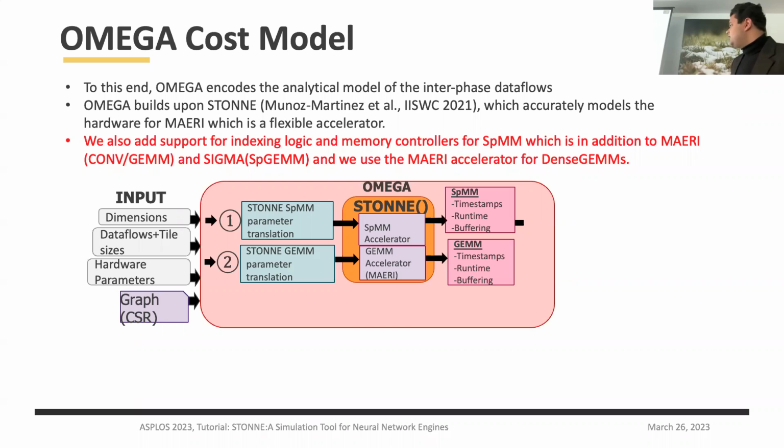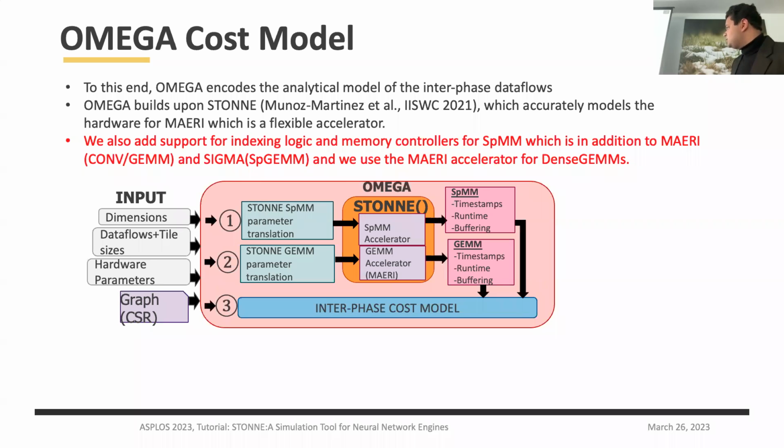We do the same with the GEMM accelerator. And then we feed that into the interface cost model, because if we were interleaving the computation, or doing the spatial pipeline of those computations, the interface cost model can intelligently model those data flows as well.